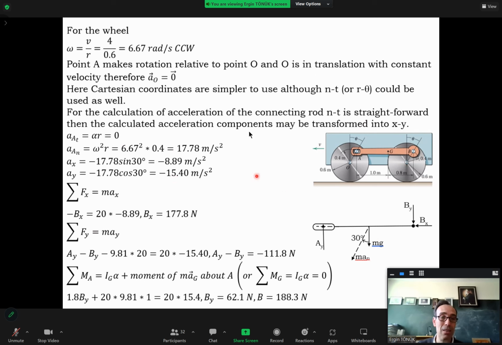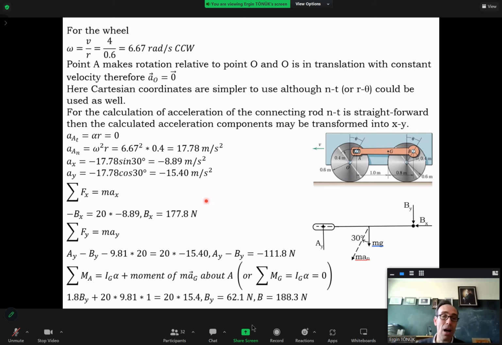And the same thing, 17.78 times sine 30 is the x acceleration, again, negative. Okay. And then I will continue working in Cartesian coordinates. But if you like, you can just split A into NT and put B and BT as well. If you like, you would get the same answer, okay?